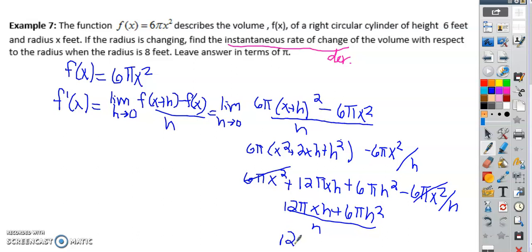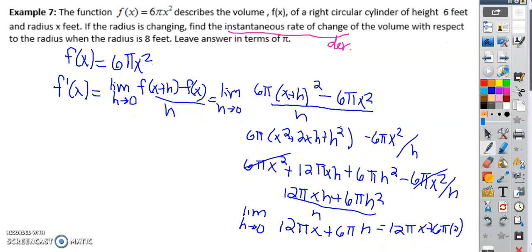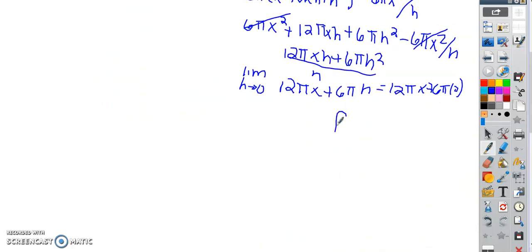And h cancels out: 12 pi x plus 6 pi h. I can now take the limit of that as h goes to 0, and I get 12 pi x plus 6 pi times 0. So the only thing that is left for my derivative is 12 pi x.